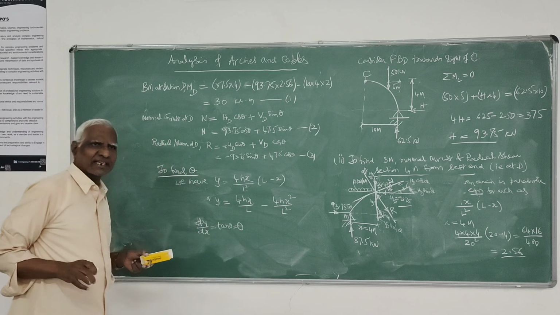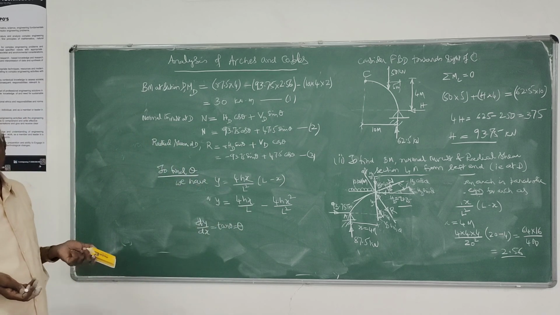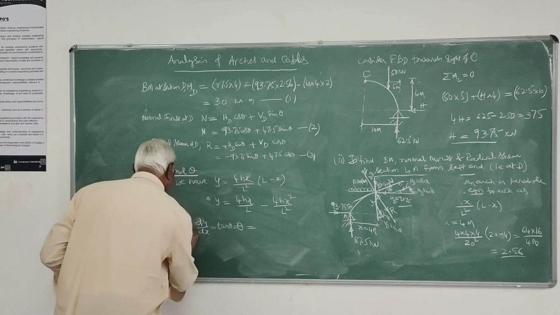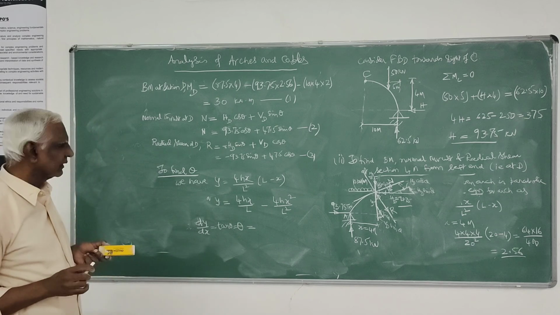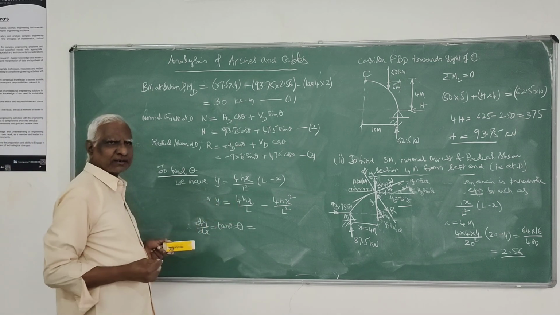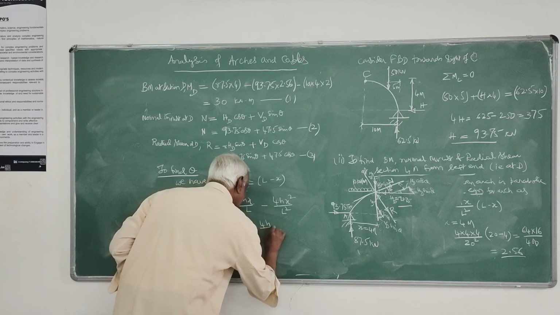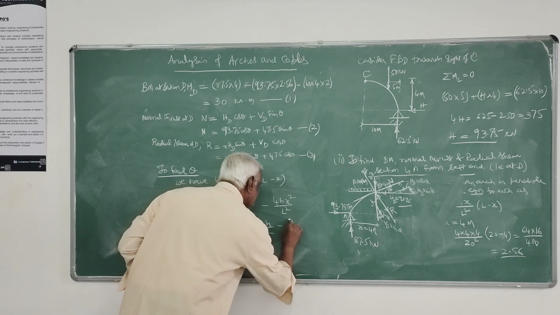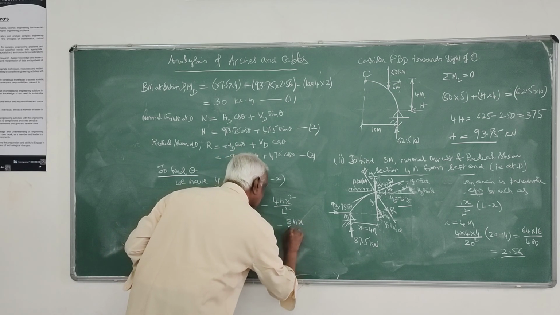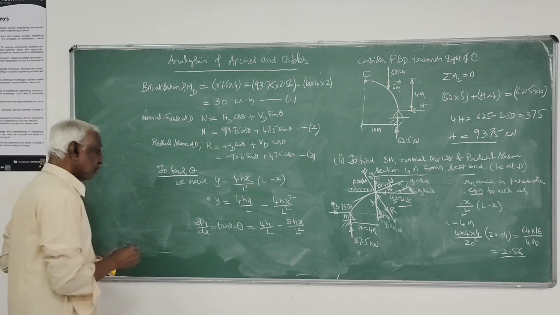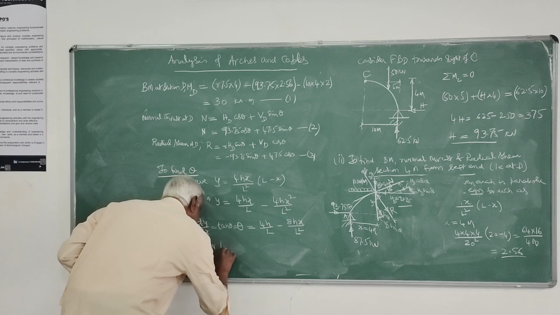You can take it as theta itself, because theta is small. That's all, simple calculation. Differentiating with respect to x, this is 4h by L minus 8hx by L square.